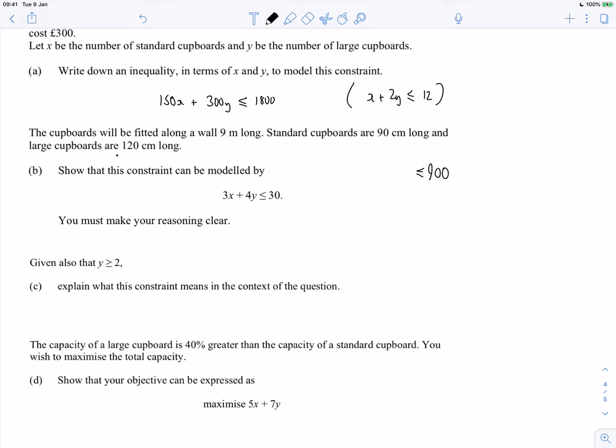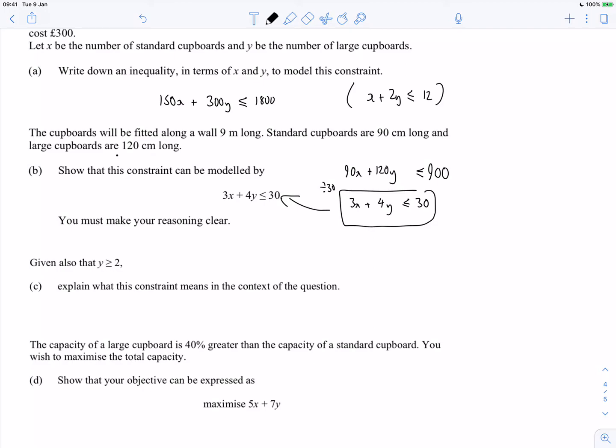So the total cupboard lengths has to be 90 lots of X, because they're 90 centimeters long for the little ones, plus 120 Y. I noticed that you can divide by 30 on both sides. So dividing by 30, 90 divided by 30 is 3, 120 divided by 30 is 4, and 900 divided by 30 is 30, and I believe that matches what we need here.